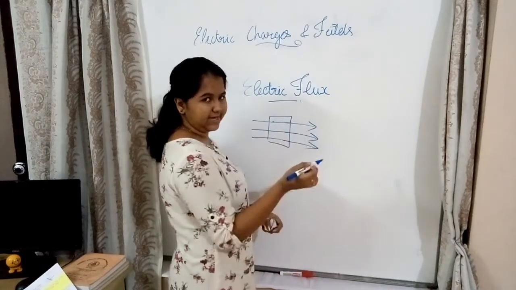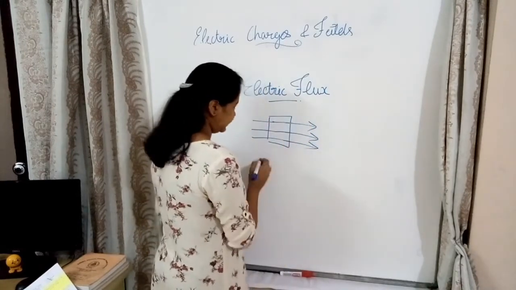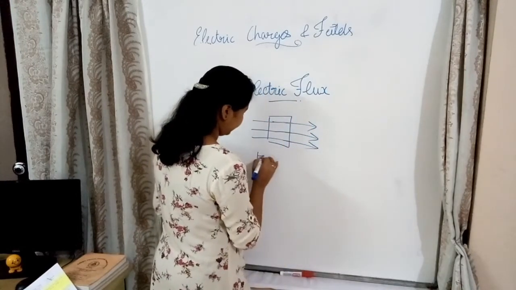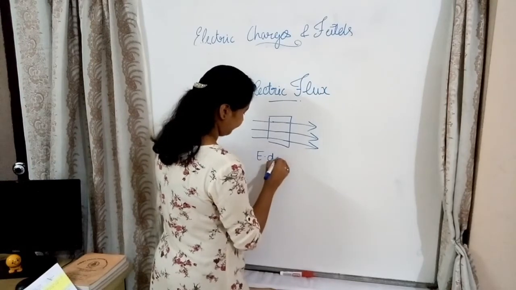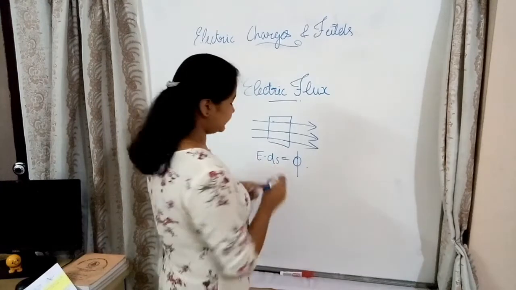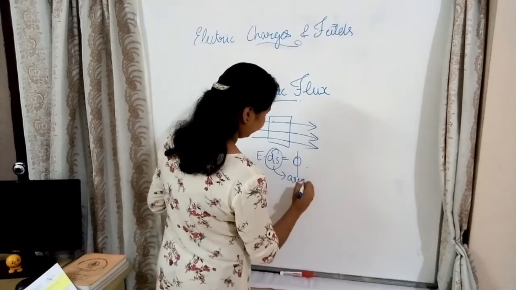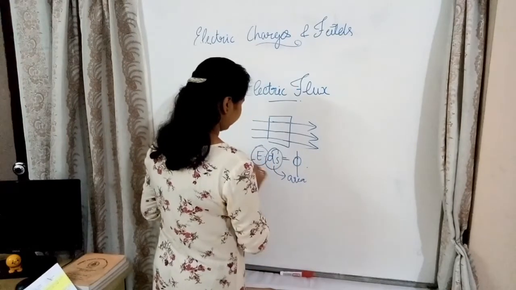There are 3 field lines and the unit area. So over here let's write it: ds. What is ds? Area, field.